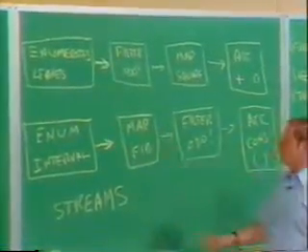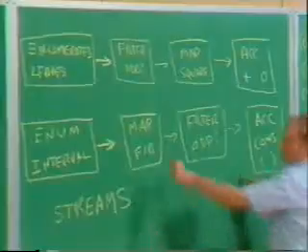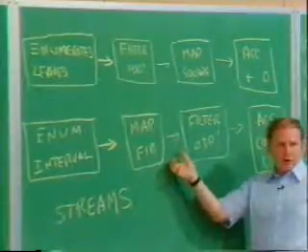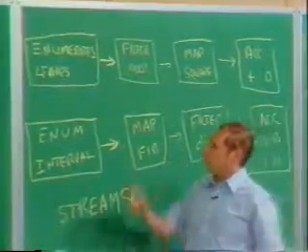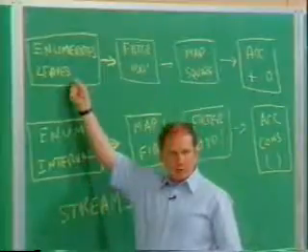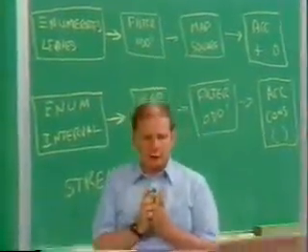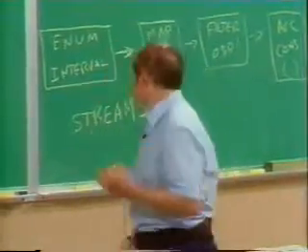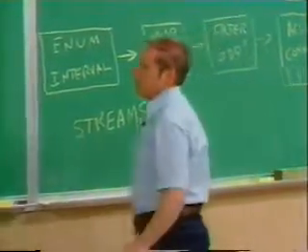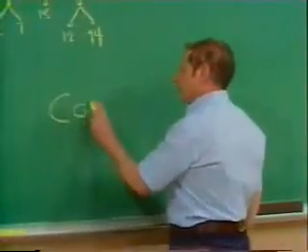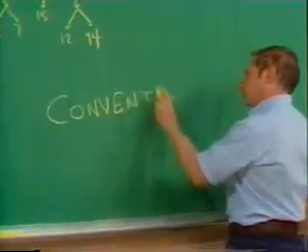Or if we wanted to do this whole Fibonacci computation on the leaves of a tree rather than a sequence, all I need to do is replace this enumerator with that one. See, the advantage of this stream processing is that we're establishing, this is one of the big themes of the course, we're establishing conventional interfaces.